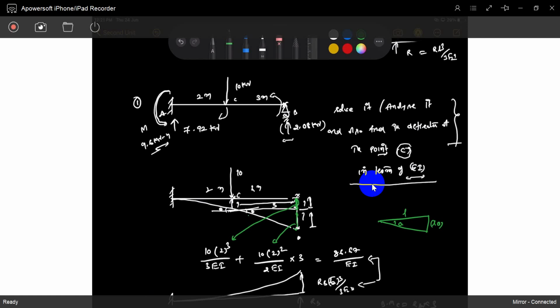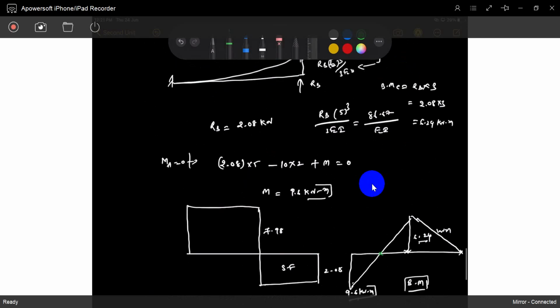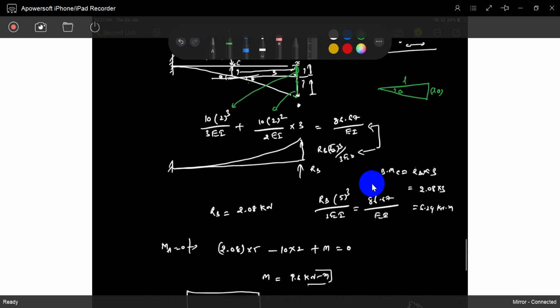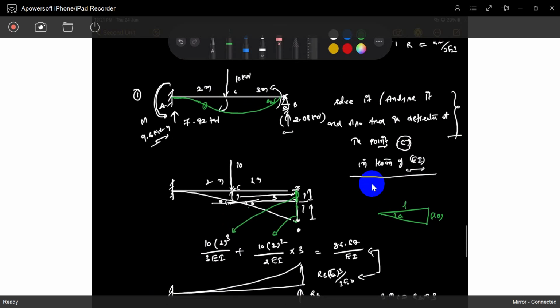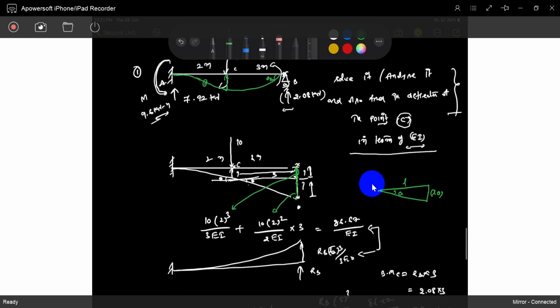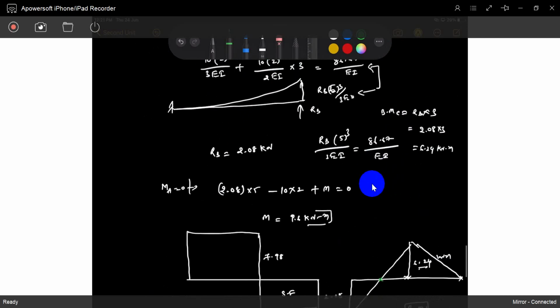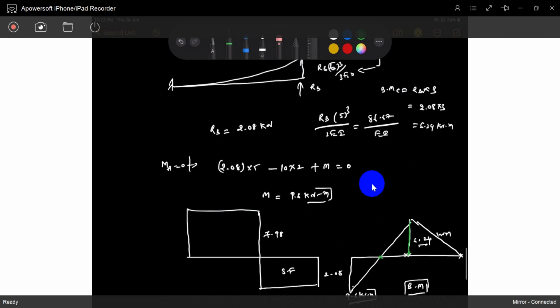It goes with slope 0 here, then turns and goes like this. This is theta B, and this is the curvature changing point. The maximum deflection is at the application of the point load. So this is the point where curvature changes.